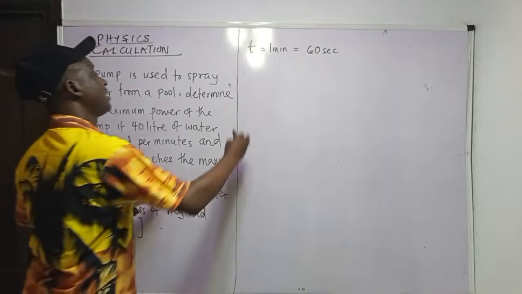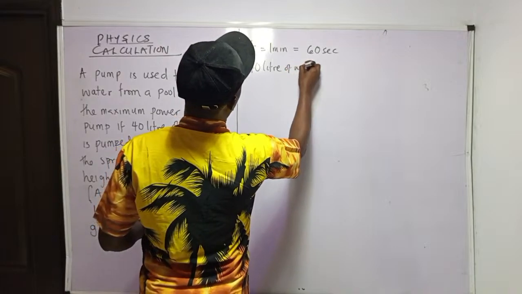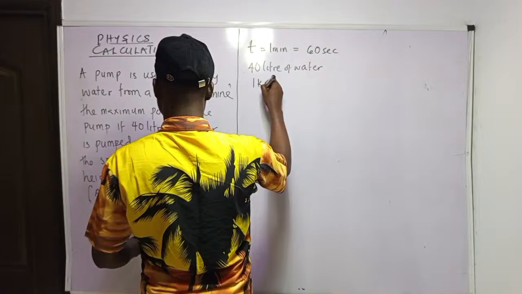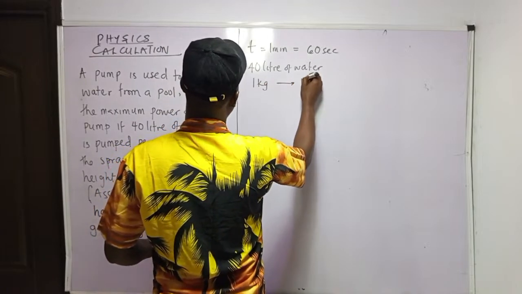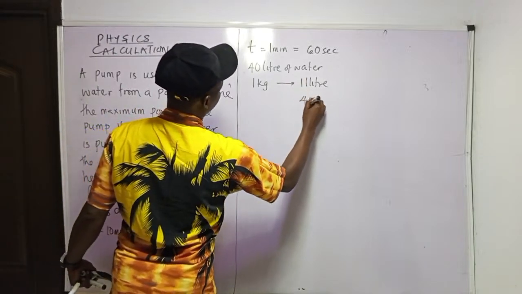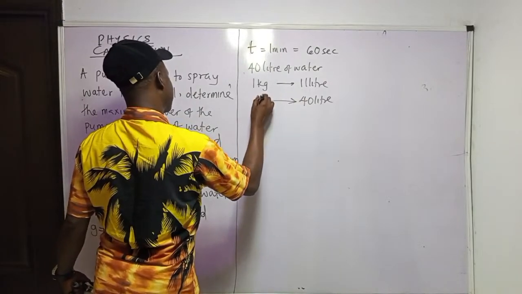And how many liters of water was pumped? 40 liters of water was pumped. And they told us 1 kg is equal to 1 liter. If 1 kg equals 1 liter, what is 40 liters going to give us? So we cross multiply. What is X kilogram?